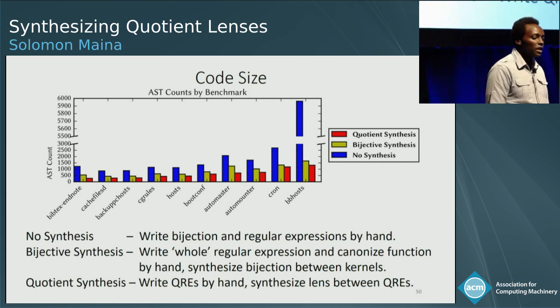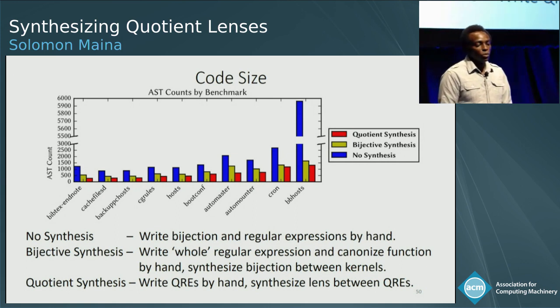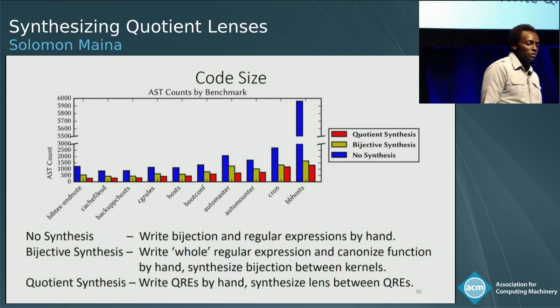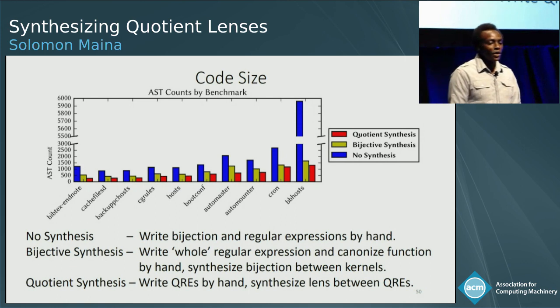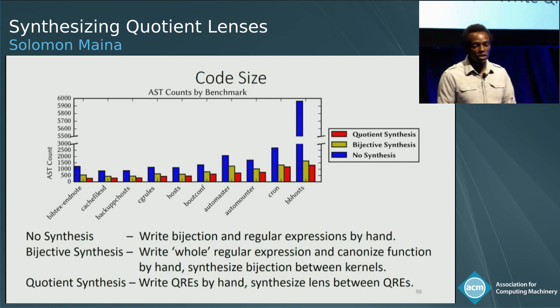And I should say that these benchmarks are from the original Optician benchmark suite. When we were performing the evaluation in that paper, we slightly cheated by modifying the formats so that they would be bijective in nature.